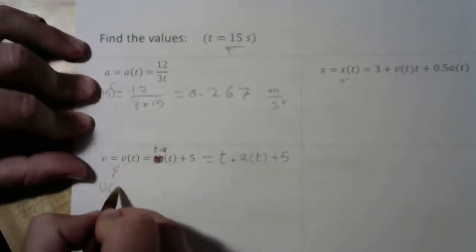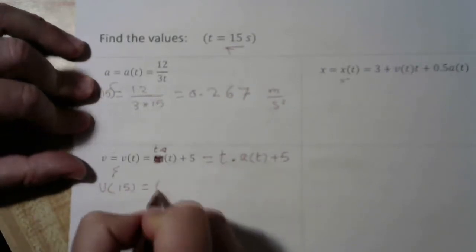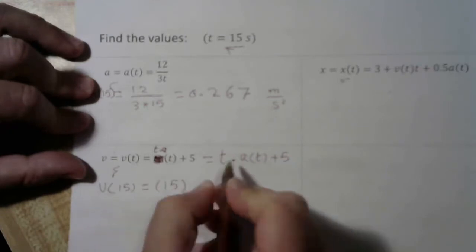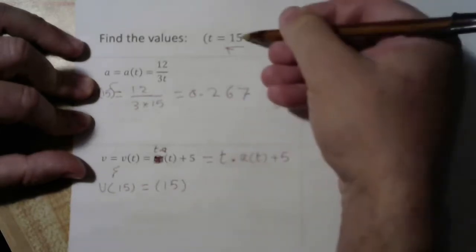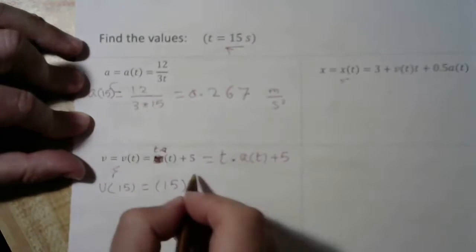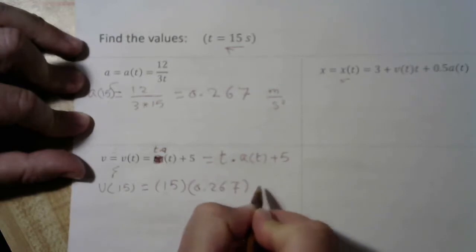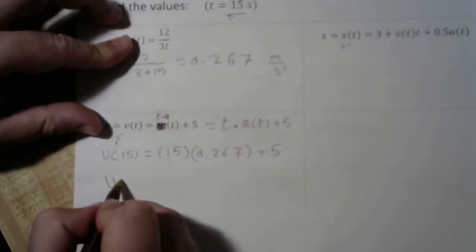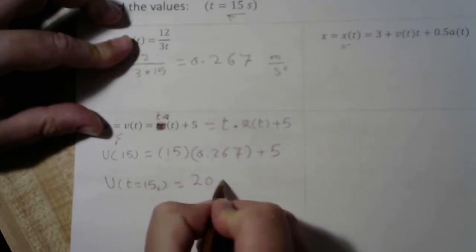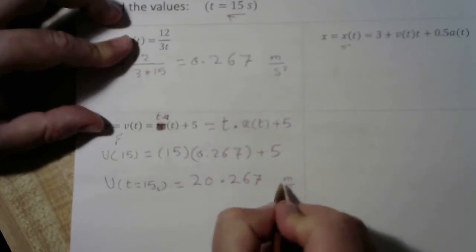Velocity at t equal 15 seconds is equal to t, which is 15, multiplied by the acceleration at t equal 15, which I computed as 0.267, plus 5. The velocity at t equal 15 seconds is equal to 20.267. What is the unit of the velocity? It is meter per second.